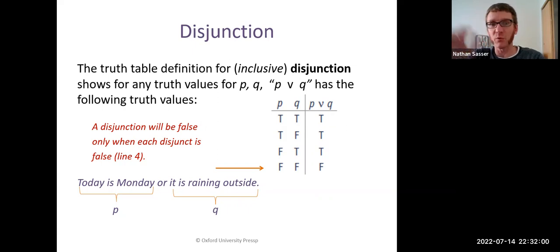So, if you want to say today is Monday or it's raining outside, then if it's raining outside but today's Thursday, the disjunction is still true because at least one of them is true. Because it just said this or that is true. If they're both true, the or statement is also true.